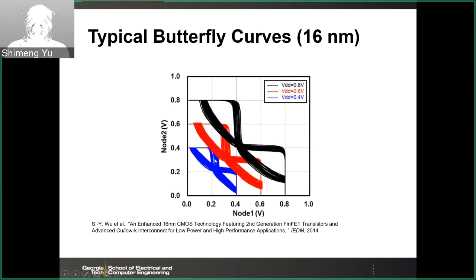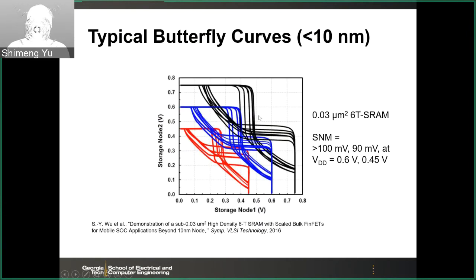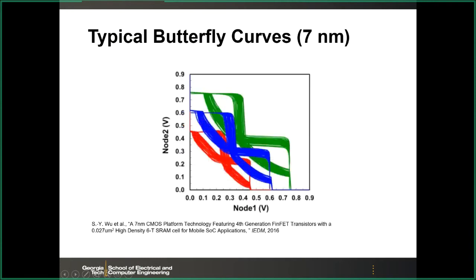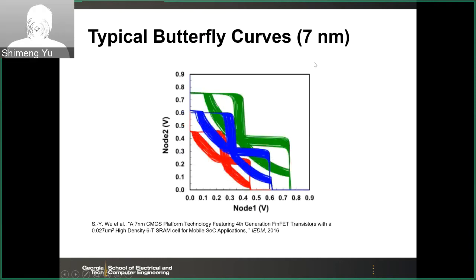So this is the 16 nanometer, and then this is 10 nanometer. So 10 nanometer, you see here, this margin is pretty small already, like around 100 millivolts, so like 0.6 volts VDD. And then this is even smaller technology node, 7 nanometer.